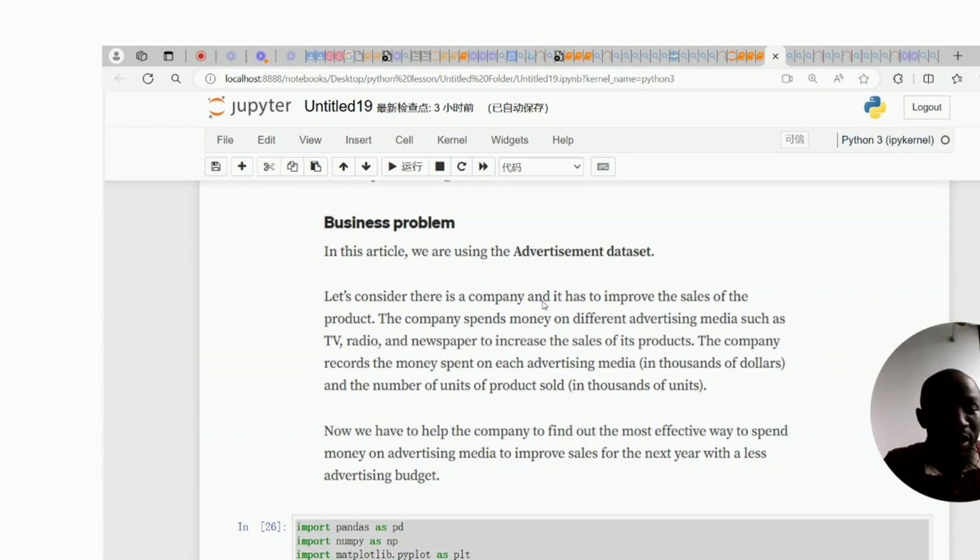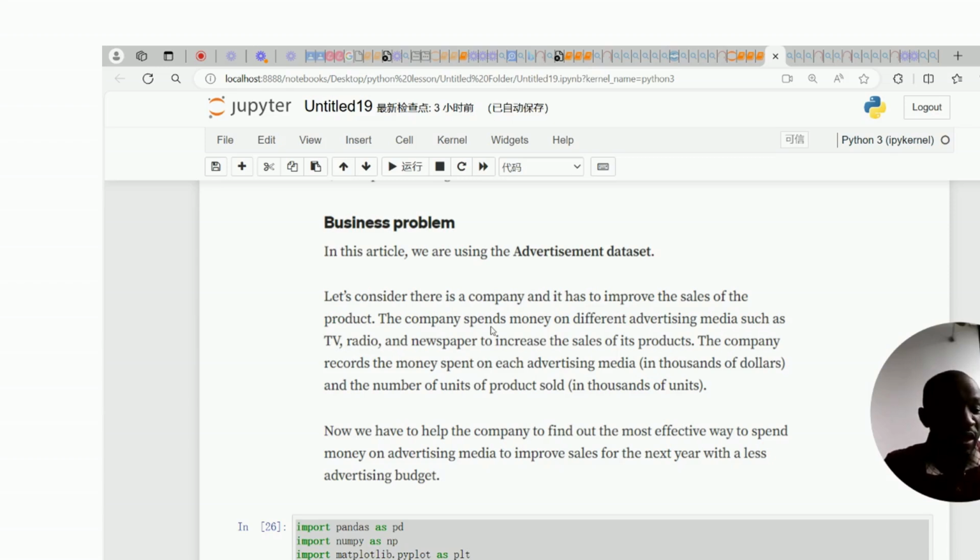The company spends money on different advertisement media such as TV, radio, and newspaper to increase the sale of the product. The company wanted to know if they were supposed to use just TV media, or radio, or newspaper, or all of them.